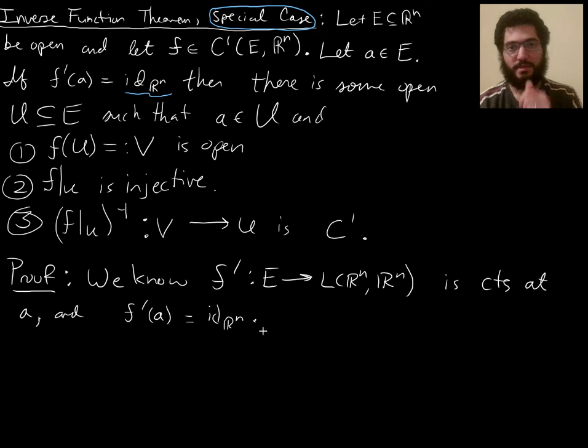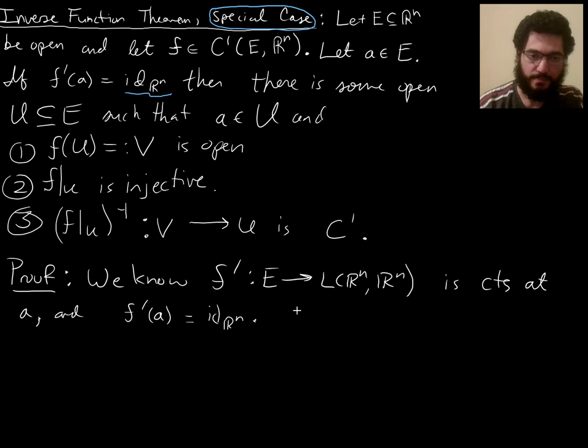So that means that if you let the inputs here vary away from A by a small enough amount, then the output should be not so far away from the identity linear map. So we're gonna make U be a set, a neighborhood of A, such that if you let the input to f prime vary in that neighborhood of A, the output is no more than 1/2 away from the identity linear map.